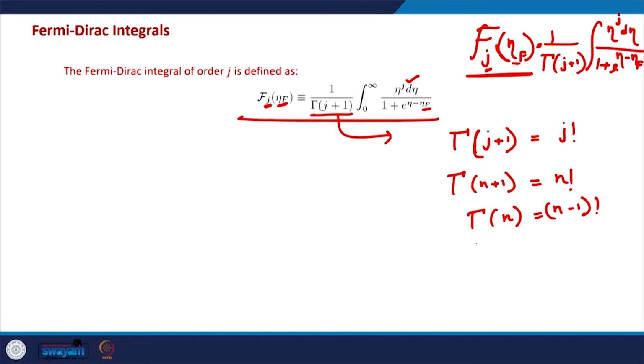Okay. There is another property of gamma functions, which is gamma function of n plus 1 is n times gamma function of n, and gamma function of half is essentially root pi.